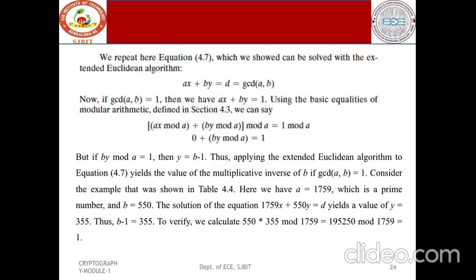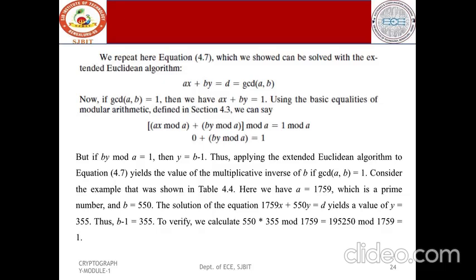So we can repeat here, the equation can be solved with the extended Euclidean algorithm like ax plus by is equal to d is equal to GCD(a, b). If GCD(a, b) is equal to 1, then we have ax plus by is equal to 1.